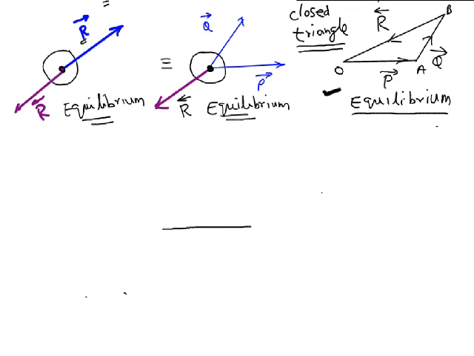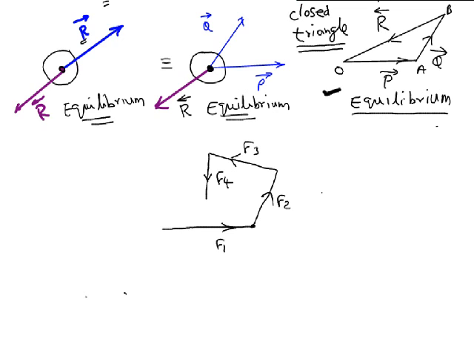Let us say you have a force F1, and you have a force F2, and this force F2 is drawn from the head of force F1, and then again from the head of F2 you draw a force F3. From the head of F3 you draw a force F4.